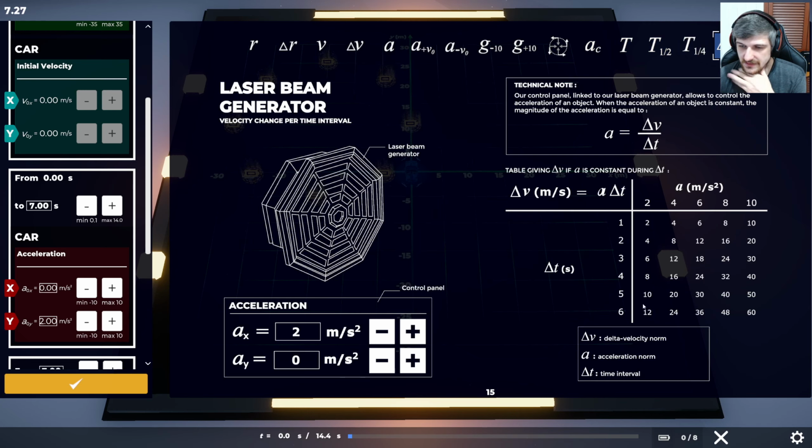So this table here, how many seconds do we do this for? Well, 2.5. Exactly there where it reaches 10. In 2.5 seconds, we should reach a speed of 10.